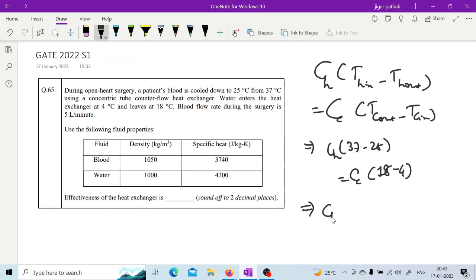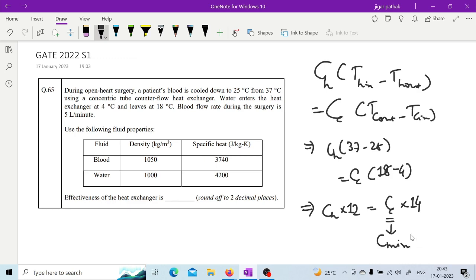So CH into 12 is equal to CC into 14. So this says that this CC is C minimum, right? Because here CH is greater than CC. So CC equals C min.